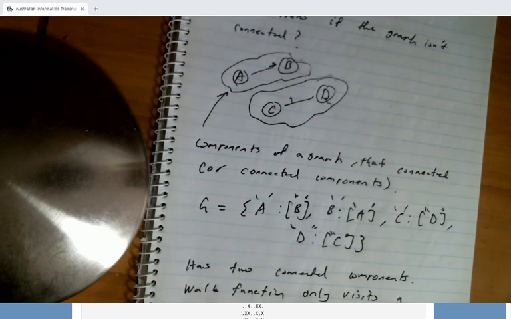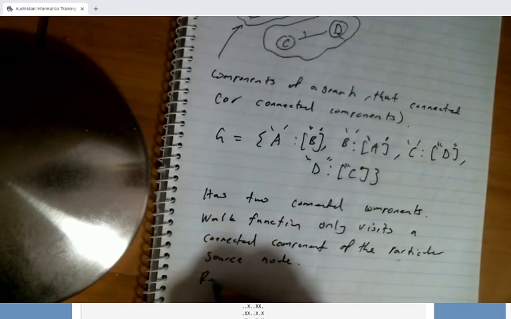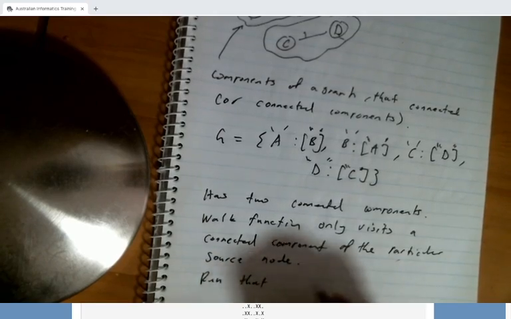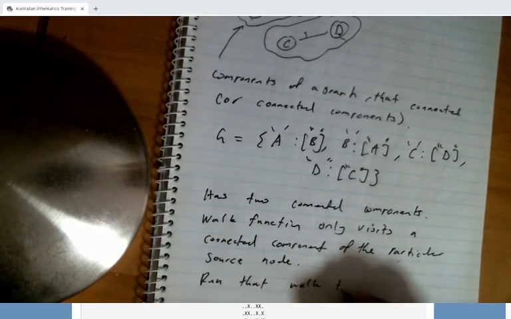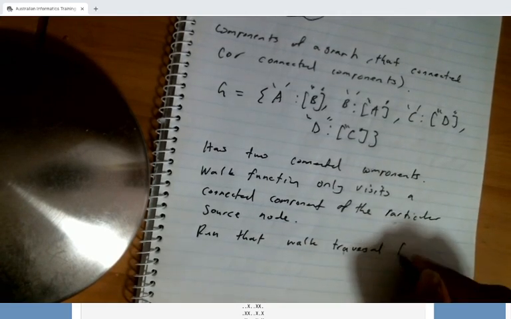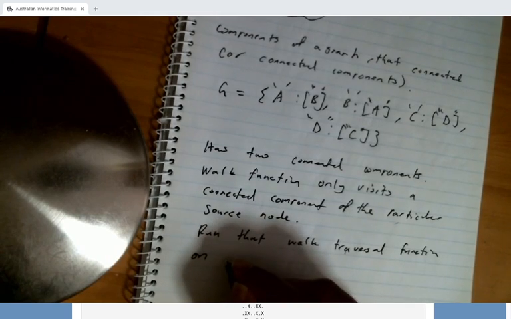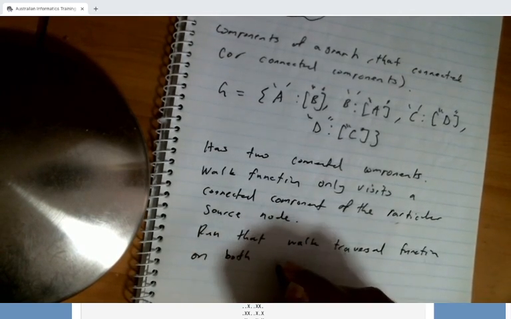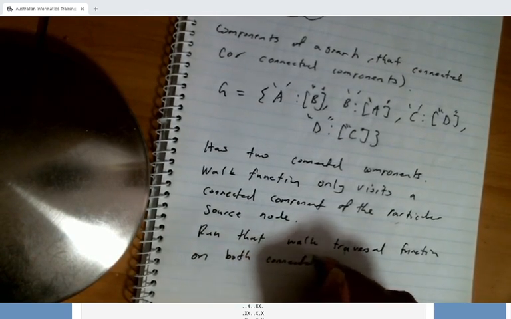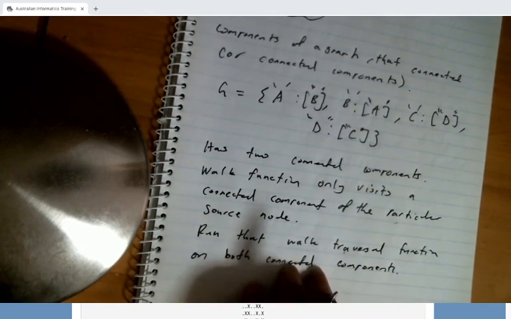So, in order to correct this, to visit every single part of the graph, we want to run that walk traversal function on both connected components. And there's an easy way to do this.